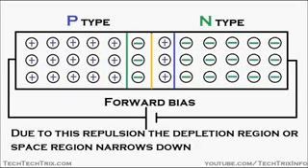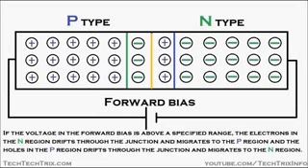Due to this repulsion, the depletion region or the space charge region narrows down, as you can see in the animation.